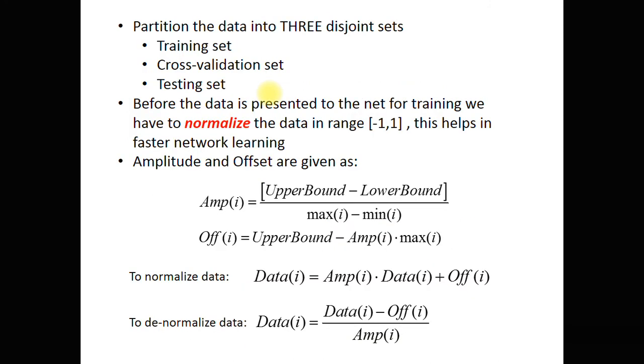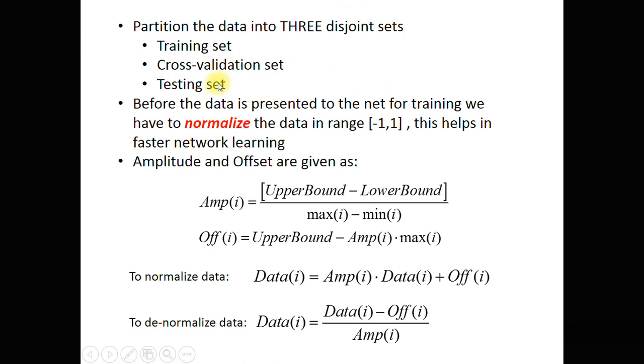We partition the data into 3 disjoint sets: training set, cross-validation set, and testing set. The cross-validation is very important. Just like training, cross-validation ensures that the training taking place is in the correct direction. So you have 2 different mean square errors, corresponding to training and to cross-validation.